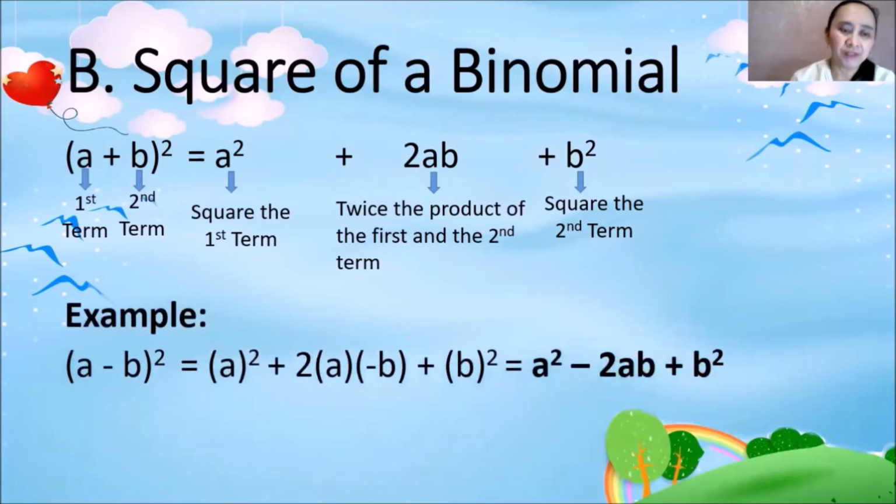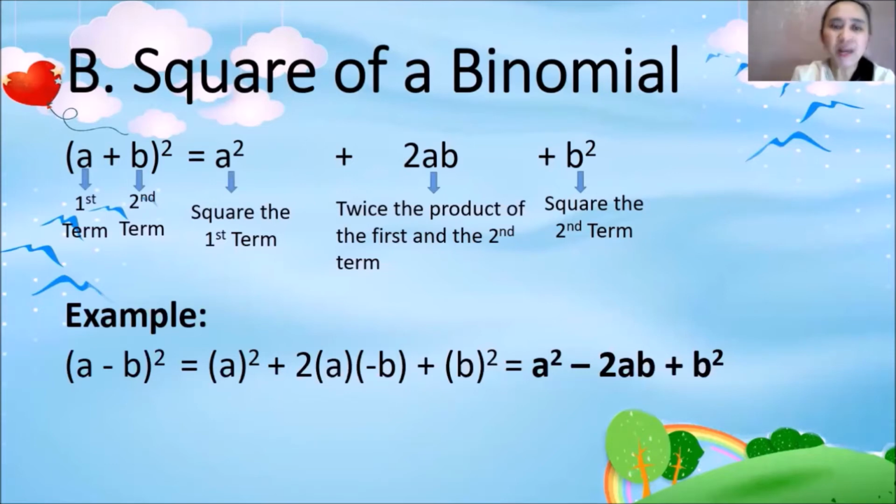Another example, the quantity of A minus B squared means A minus B times A minus B. If we use the FOIL method, multiply the first term A times A. Multiply the outer term A times negative B is minus AB. And negative B times A is minus AB. And negative B times negative B is B squared. We get the same answer.